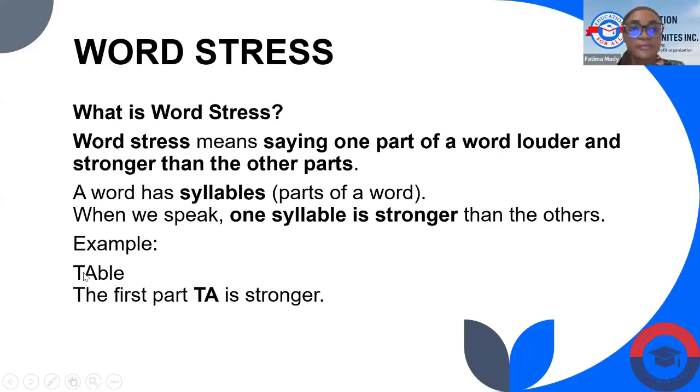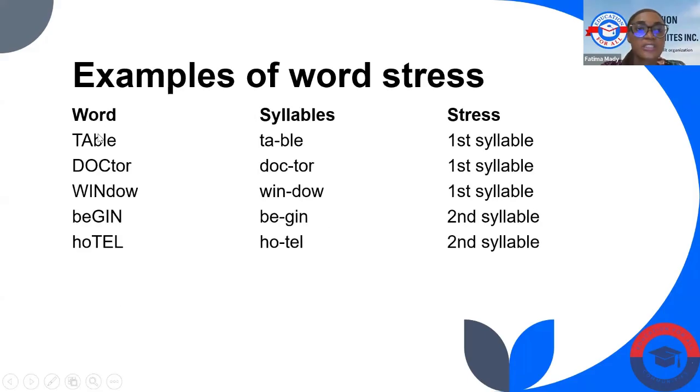Now, here we have examples of word stress. The first word, table, has two syllables, ta and ble, and the stress is on the first syllable. Where the stress is, we have put it in caps lock, capital letters.